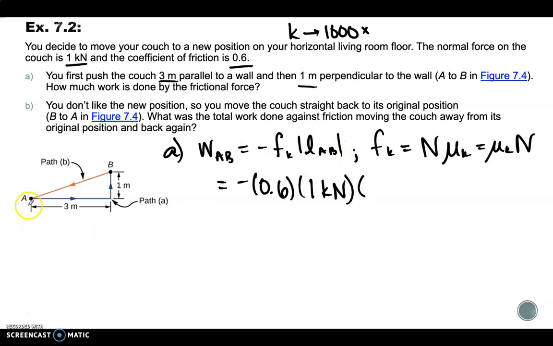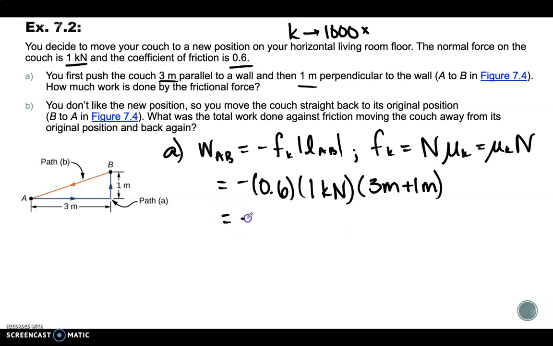Our total length is going to be 3 meters plus 1 meter, that's the total length of the displacement here. So we have 0.6 times 1,000 times 4.